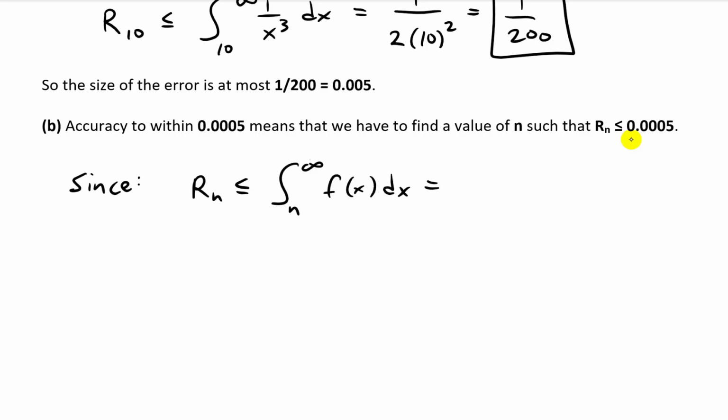And then this equals, we already solved it for our case, 1 over 2n squared. In other words, we want accuracy within that, so we want the max error, 1 over 2n squared, less than 0.0005.